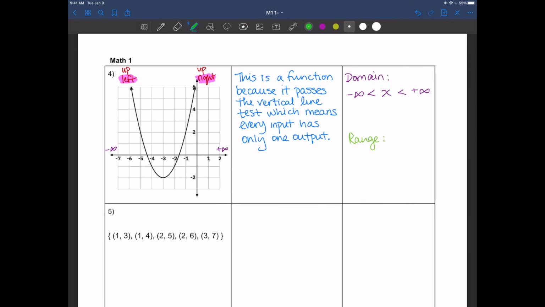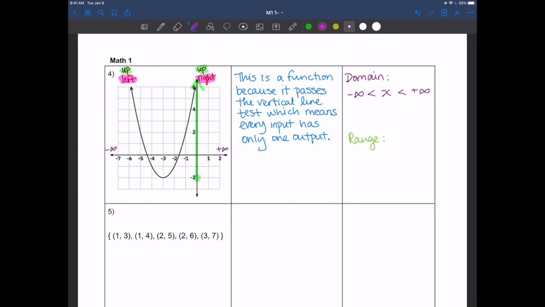All right, last but not least, when we focus on the range, we focus on the directions bottom and up, or bottom to top. So when it comes to the range, I care about the fact that these arrows are pointing up. But the lowest y value that I can be equal to is -2. And because these arrows point up, I'm going all the way up with an arrow.